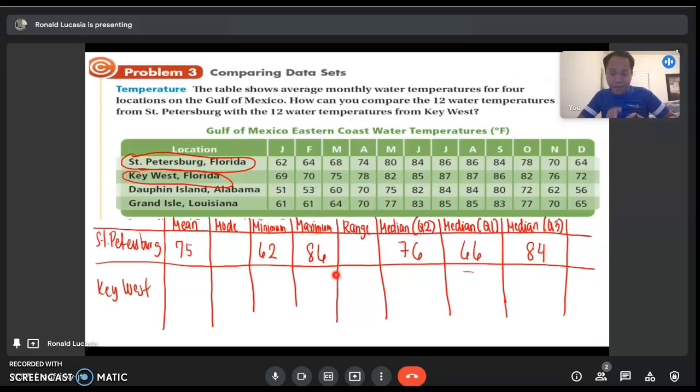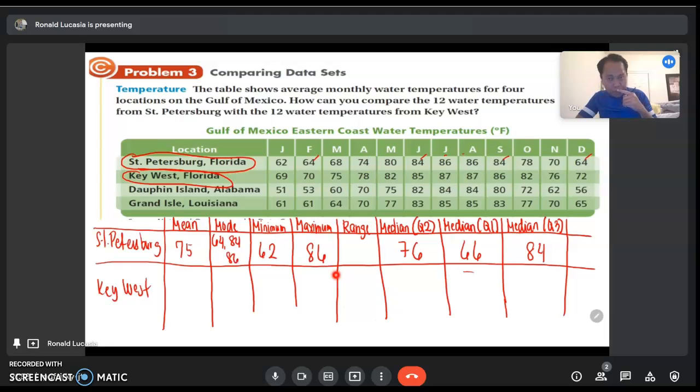So we have to find there the mode. The mode appears to be for St. Petersburg's 64. And this one, I think we have 2. We also have 84 and then 86. So we have 3 modes: 64, 84, and then 86.